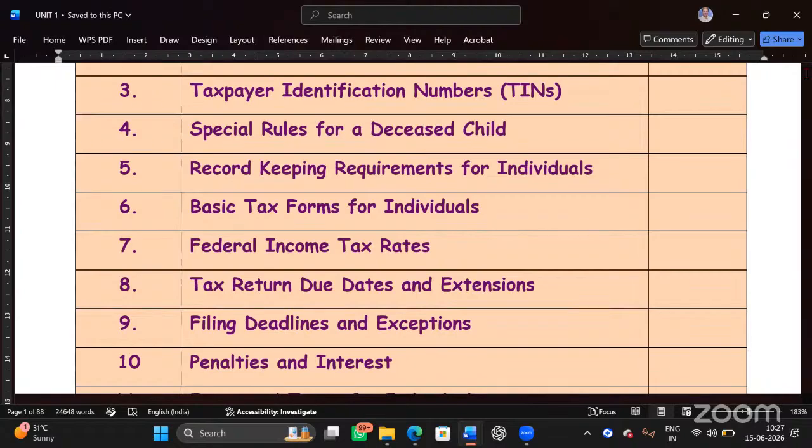That is the power held by the department up to 3 years. That is the reason for the tax year 2025, return filed in the current year 2026, the department has the right to call for this information in subsequent years up to 3 years. In certain cases, the department has the right even for 6 years.